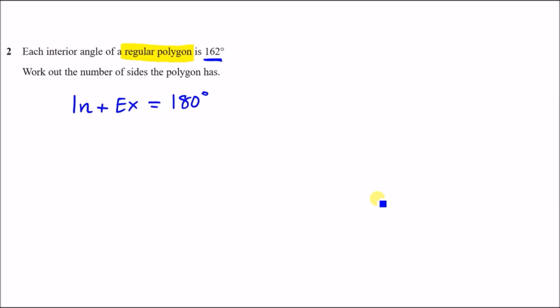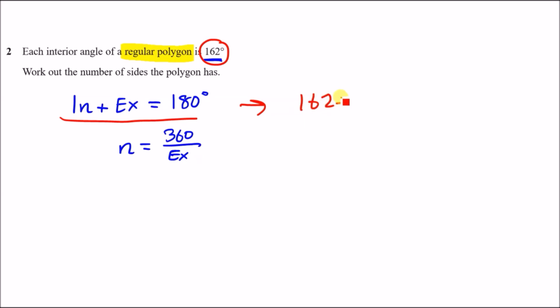Another useful formula is the fact that the number of sides always equals 360 degrees over its exterior angle. Now looking at everything we have, since we know that the interior angle is 162, we can substitute into the first formula to get 162 plus the exterior angle equals 180.